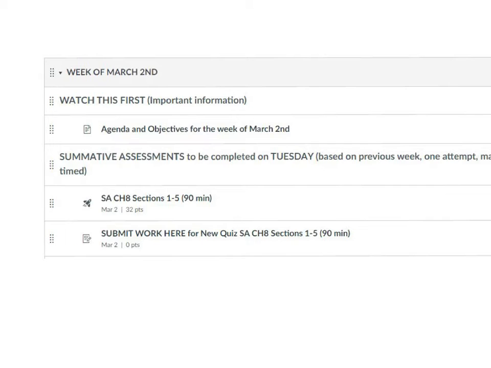So you're doing two things for the summative assessment. You're completing this part of it right here on Canvas. And while you're doing that, you are just writing down your work on your paper, keeping it neat and organized and numbered so I can reference it as I need to, and submitting the work here. So you might see that that is worth 0 points. It's just because I need the work to verify what you have done up here.